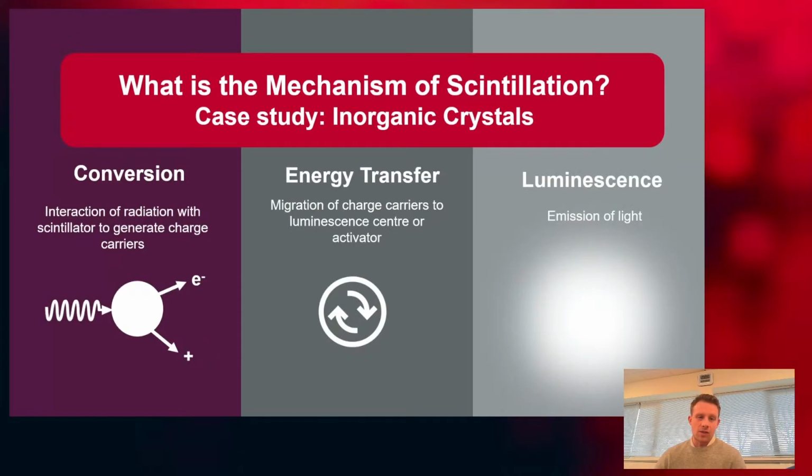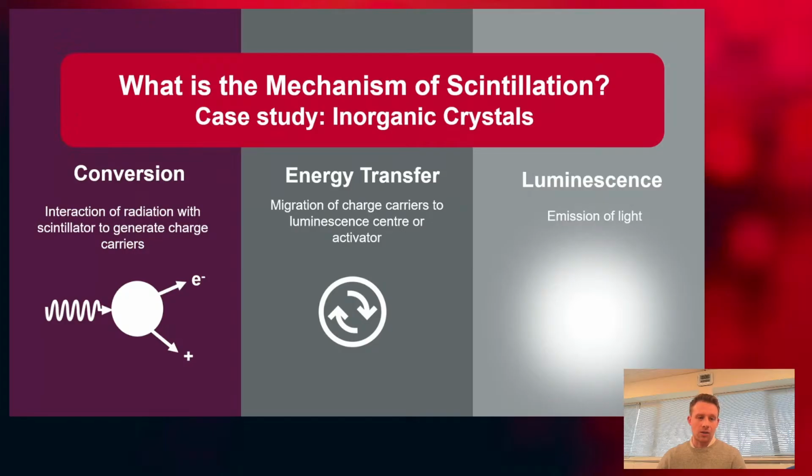So what is the mechanism of scintillation? Well, it depends on the type of material, whether it's an inorganic crystal, an organic material, or a gas. But here we're just going to talk about inorganic crystals, so things like BGO. For these types of materials, scintillation takes place over three different stages. The first one is conversion.